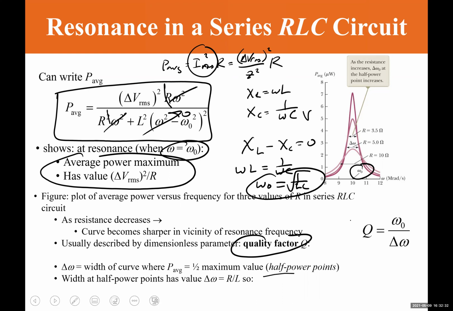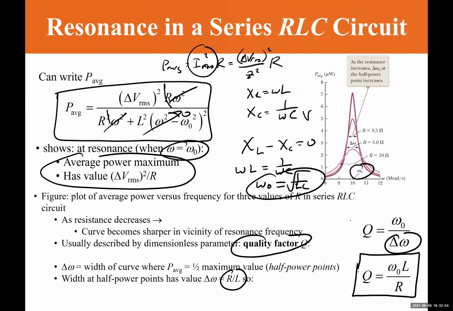With the half power points, delta omega equals R over L. So we can replace delta omega with the ratio R over L. Then we get the quality factor as the resonant frequency times inductance divided by the resistance. Okay, so that's the equation for the quality factor.